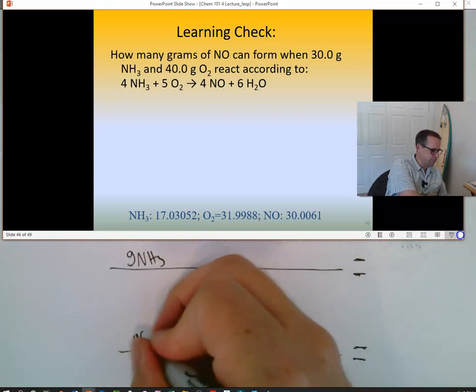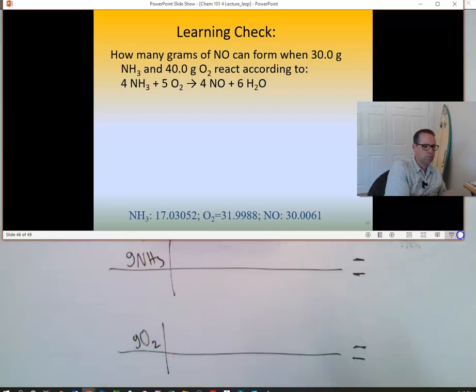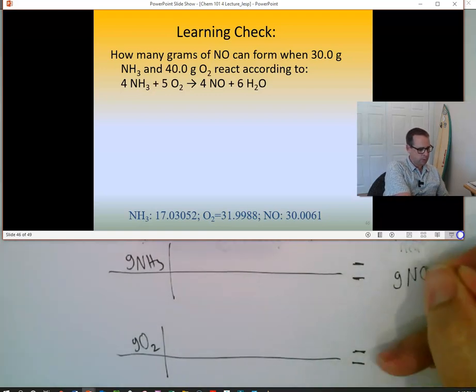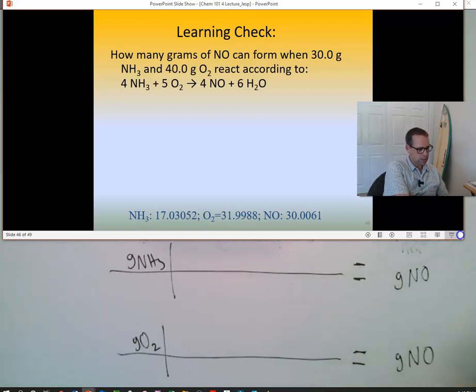Those are the 2 we're looking at. And then where are we trying to go, though? How many grams of NO? Very good. NO is on the right. Excellent job.